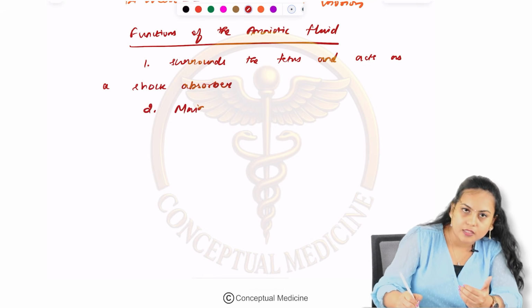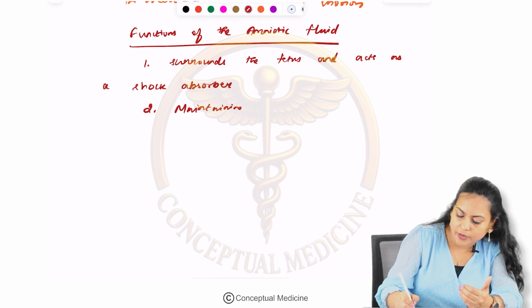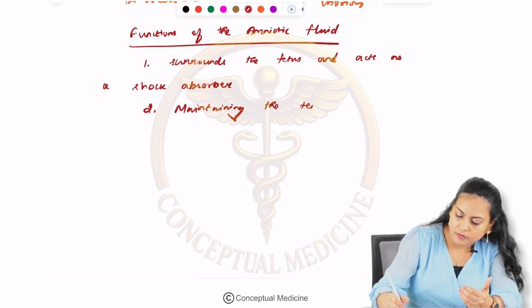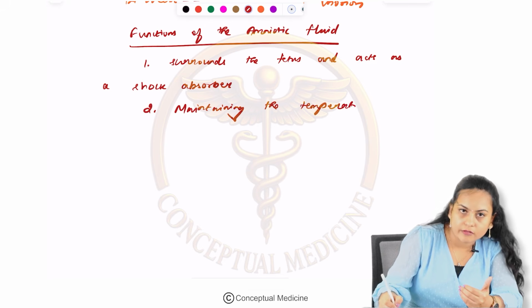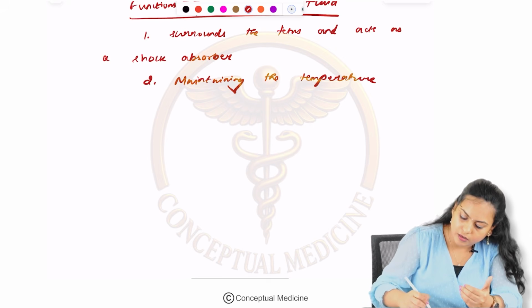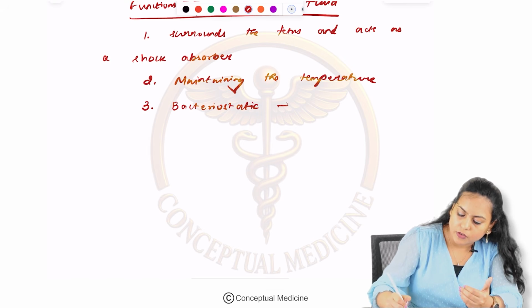It also helps in maintaining the temperature around the fetus. It helps in preventing the fetus from infections also. So, it is basically bacteriostatic.